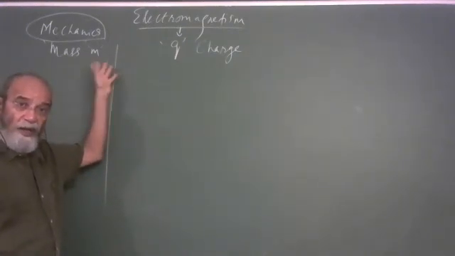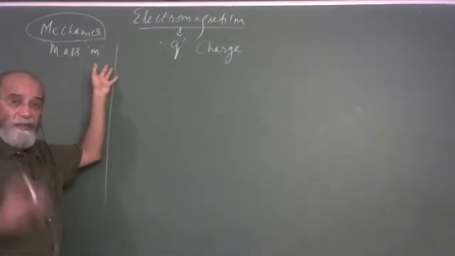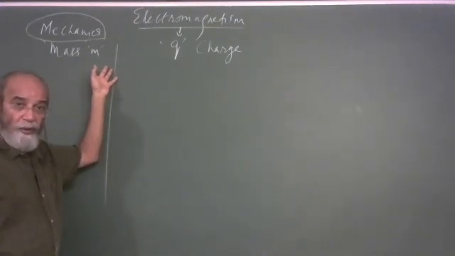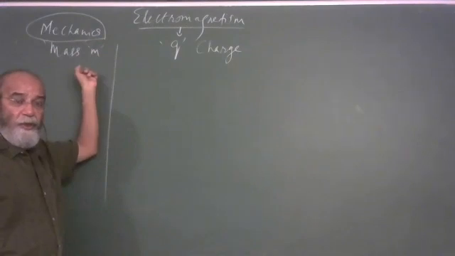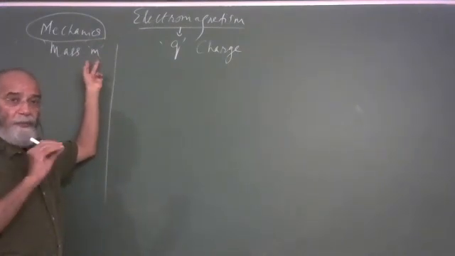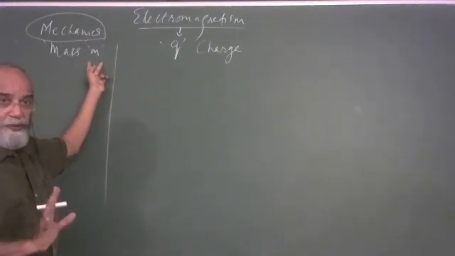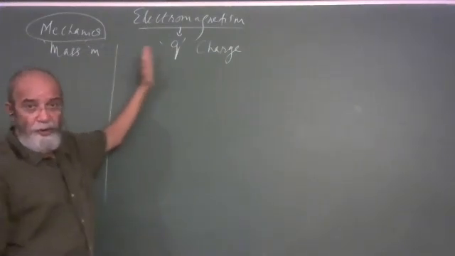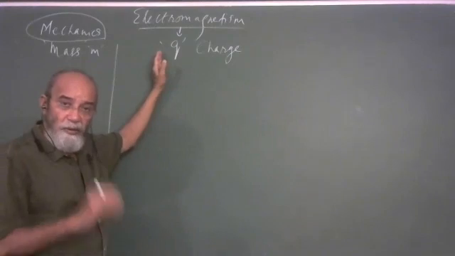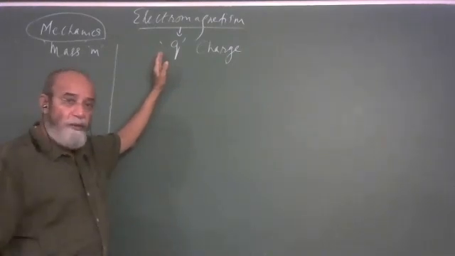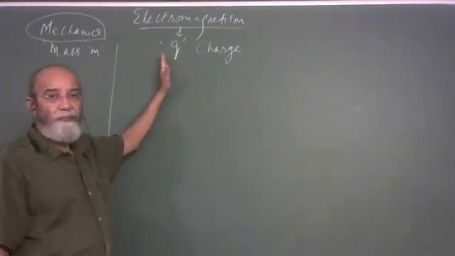Charge was there. I kept it silent. I looked at the entire rigid body dynamics only with the property mass, because I was clear that I'm going to talk about the intrinsic property charge separately.